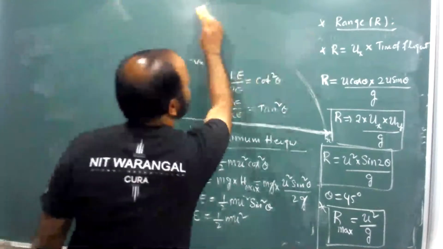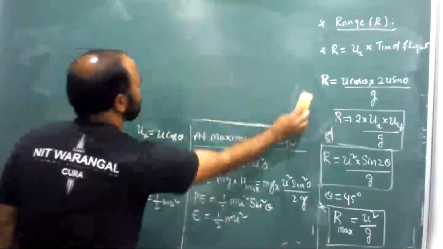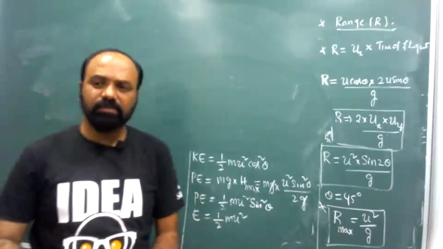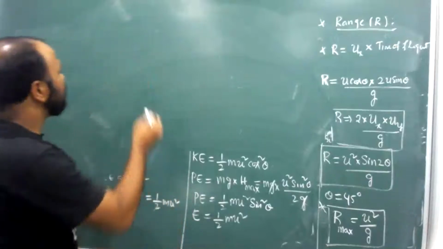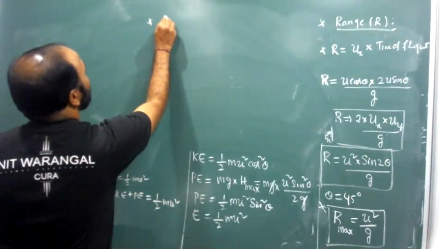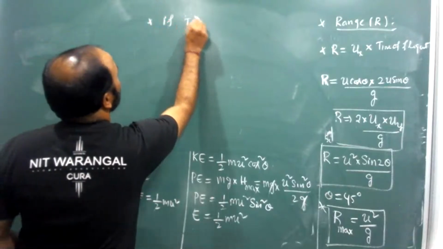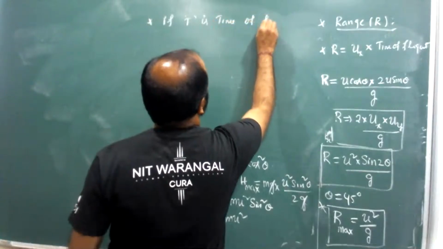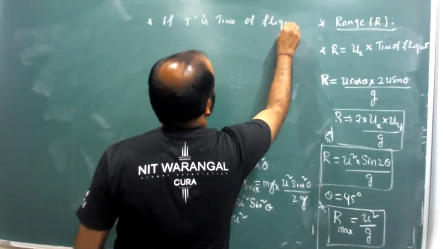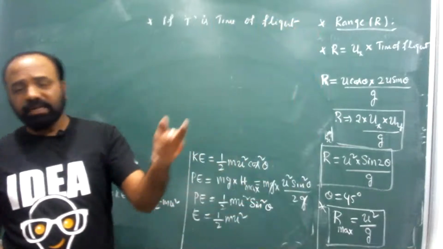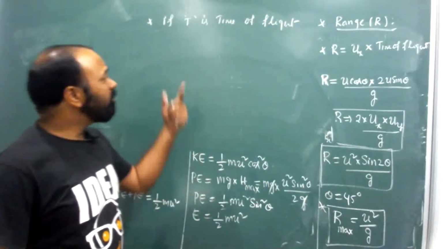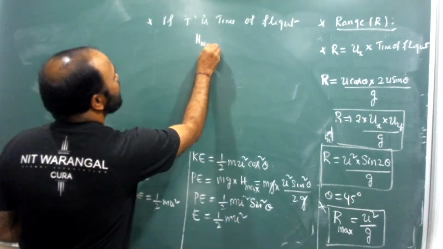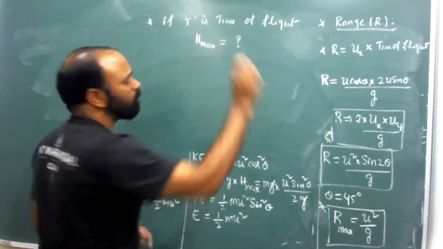Now here they will ask some relations. For the problems we require some shortcuts. In a problem, if T is the time of flight, meaning ascending and descending total time, they may ask what is the maximum height value.